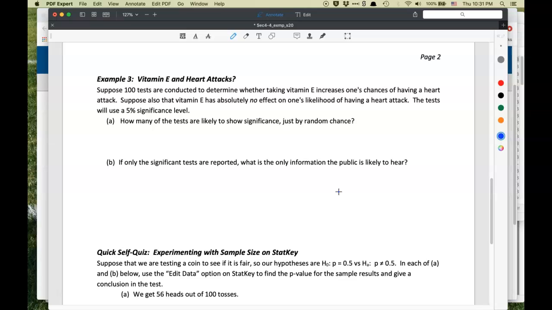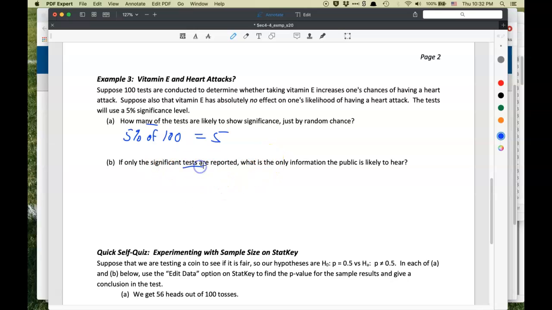Well, it's a 5% test, so it means that if the null hypothesis is true, 5% of the time we're going to get extreme results, extreme enough to reject the null hypothesis. So we would say 5% of 100. So how many would be 5? Should be significant just due to chance.